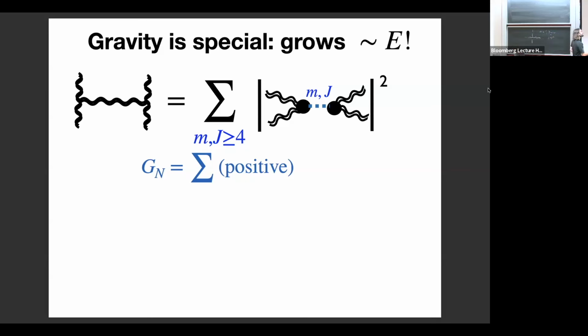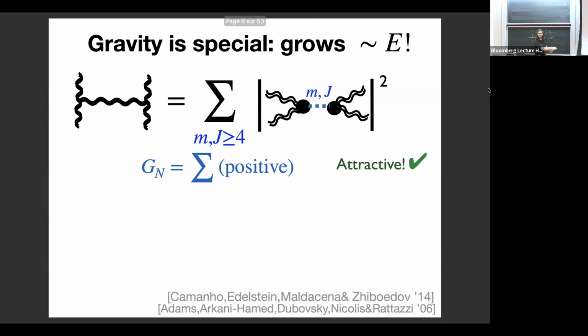So the important thing is that you don't quite know what these things are. There's a sum over all various random heavy couplings, pseudo-random, but they're positive, and that's all that matters in this discussion because they're positive. Well, G Newton is a sum of positive things. And that is amazing because we discovered that gravity has to be attractive. Okay, that's the starting point of this.